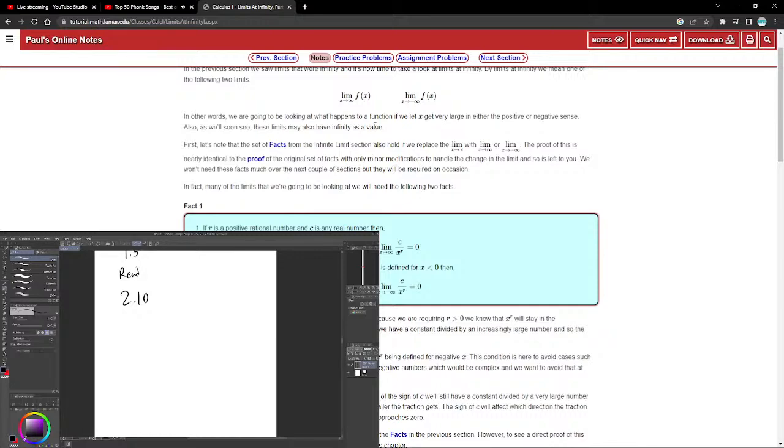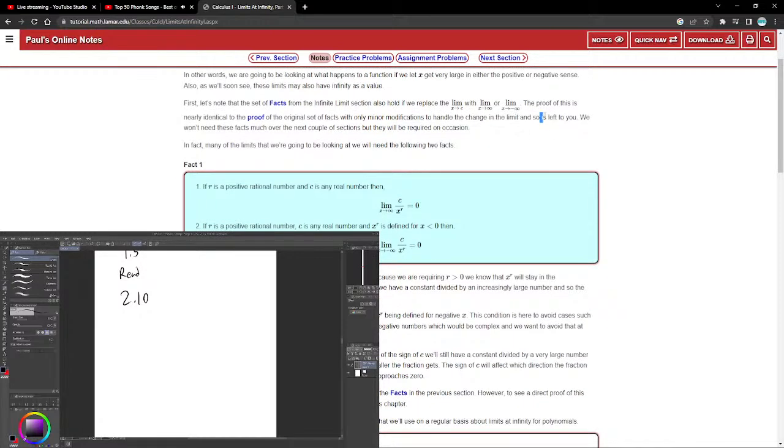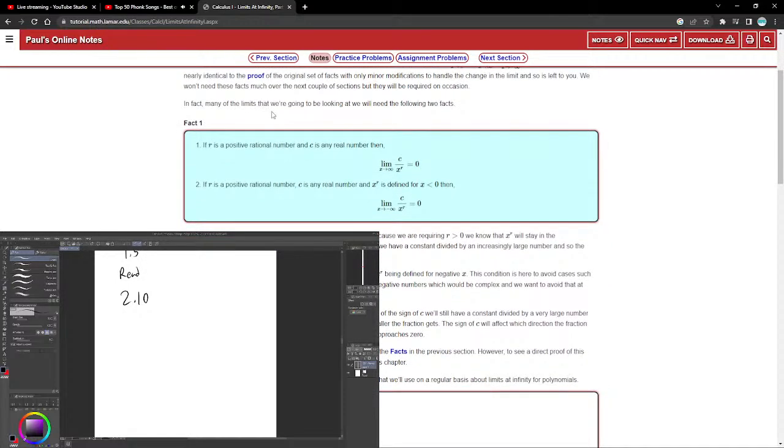Proof of this is nearly identical to the proof of the original set of facts, with only minor modifications to handle the change in the limit, so it is left to you. We won't need these facts much over the next couple of sections, but they will be required on occasion. In fact, for many of the limits that we're going to be looking at, we will need the following two facts.